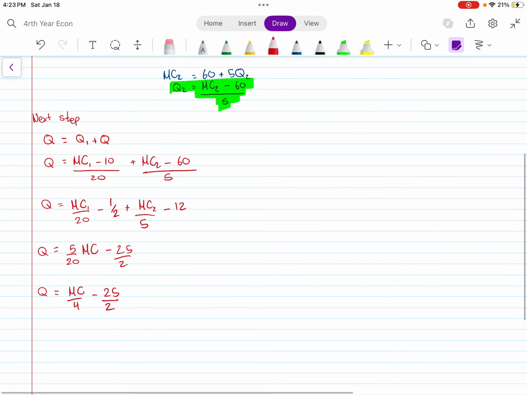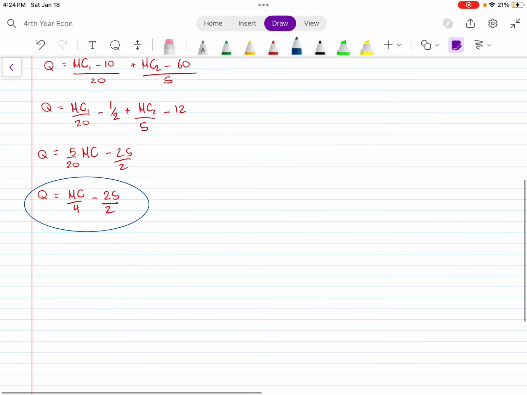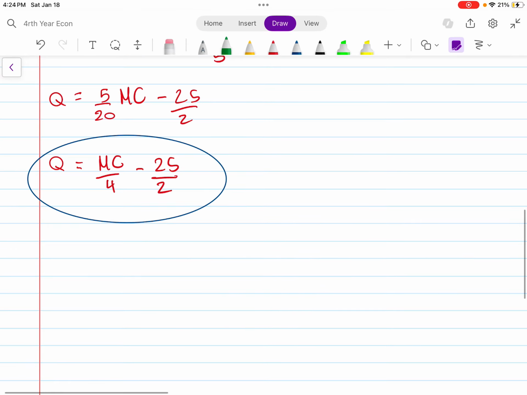And notice that, recall that our profit maximizing condition is MR is equal to MC. And now that we have one equation here that involves Q and MC, let's isolate for MC and set the equation equal to MC so we can set MR equals to MC at the end. So the next step is solve for MC.